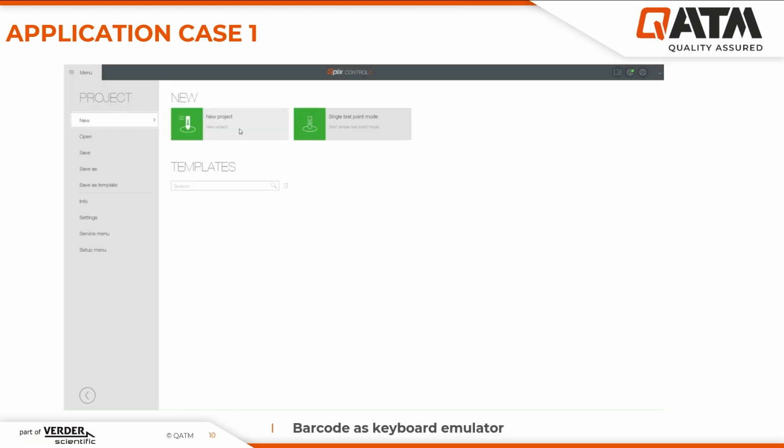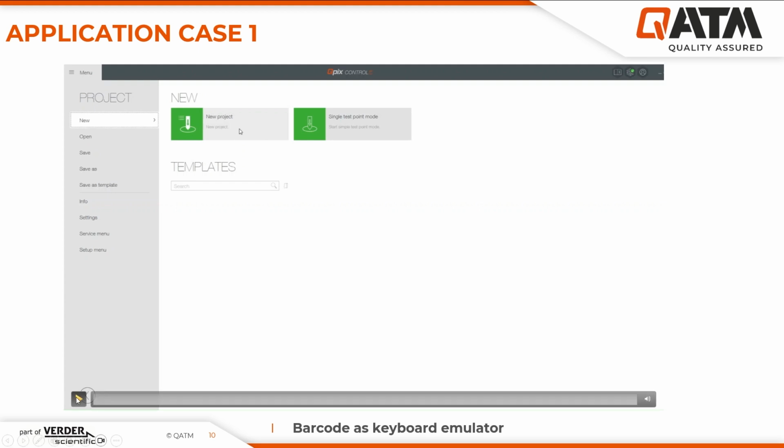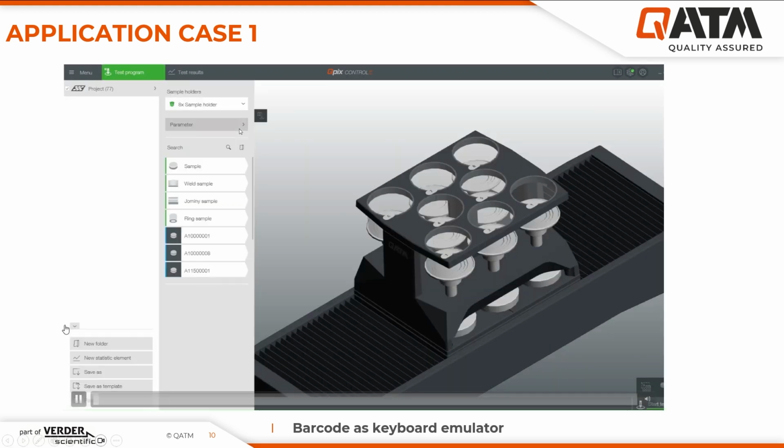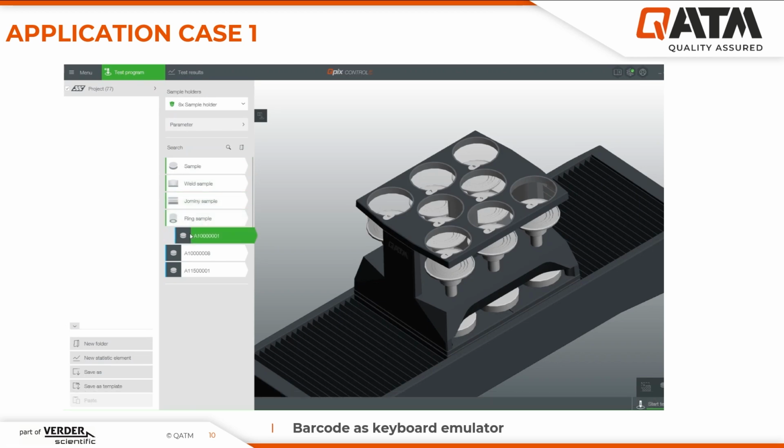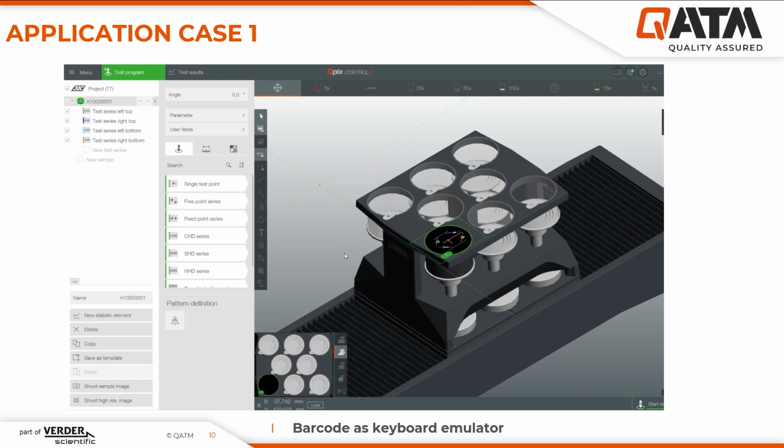The first application case would be the easiest one, as we know, the barcode as keyboard emulator. Therefore, we will play the test sequence. So we can activate, first of all, our template. It's a predefined template with all necessary information. After that, we will move automatically to the position in X and Y, and we move down with the Z axis, fully automatic.